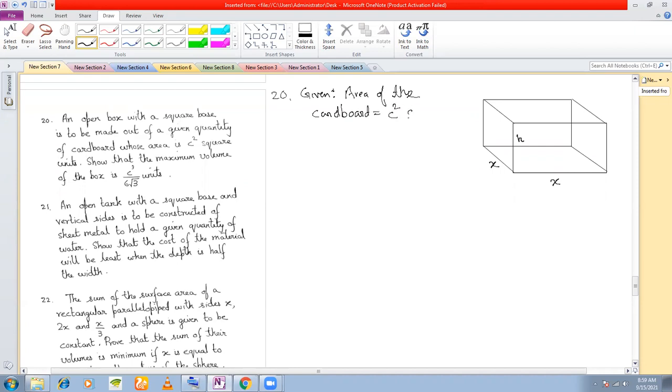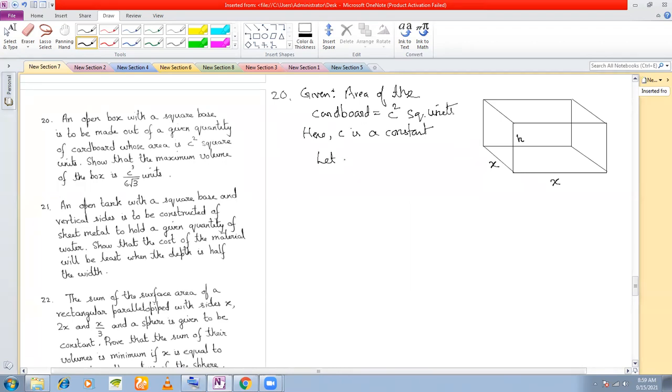C square units. We are going to make a box out of this. Here c is a constant, right? Because the area is given.